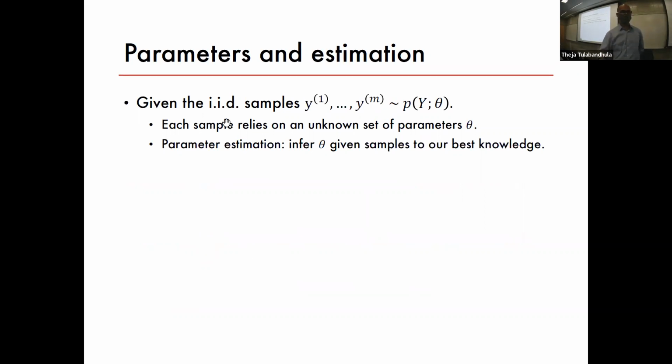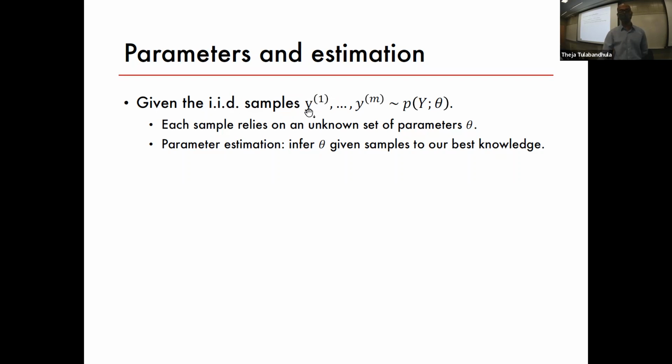So let's actually verbalize this. Given independent and identically distributed samples, all these samples are coming from this distribution. It's unknown because its parameter theta is unknown, and all these realizations, samples, are independent.